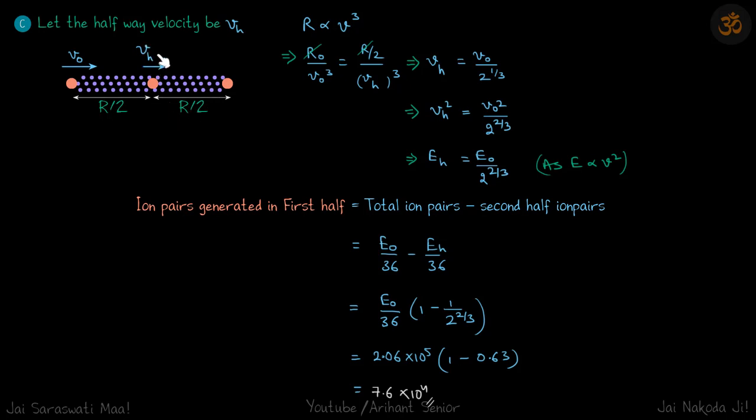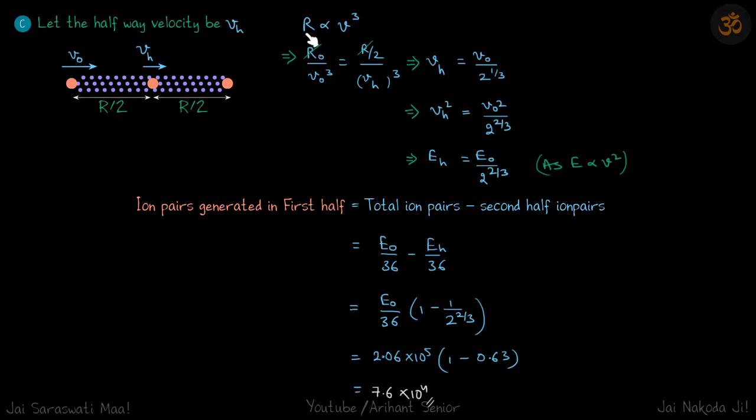And if we know Vh, we will know the energy of the alpha particle here. And if we know that energy, that means the whole thing is coming to rest from here to here, so we will know how many ions are formed in this half. We already saw in the previous B part how many total ions are formed, so if we subtract these ions, we'll get our answer. So let's do that now.